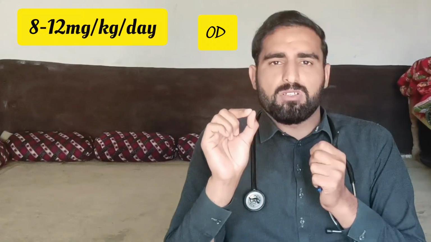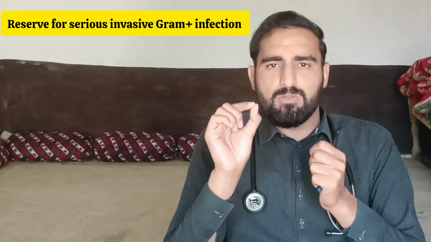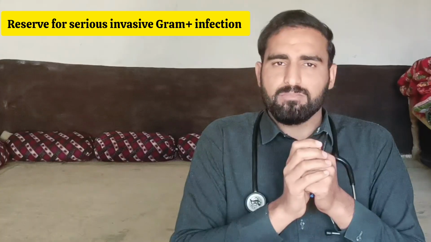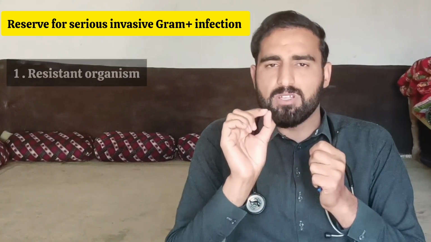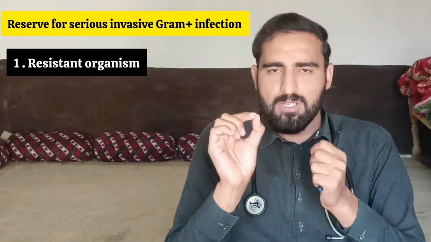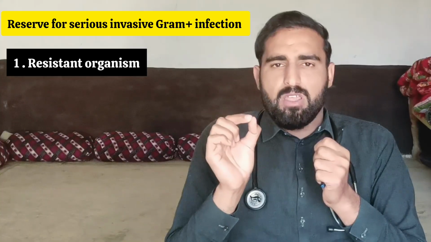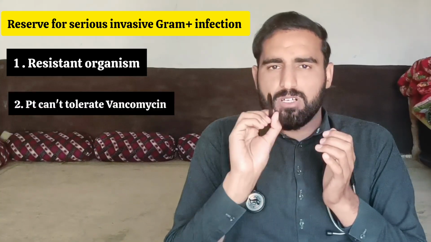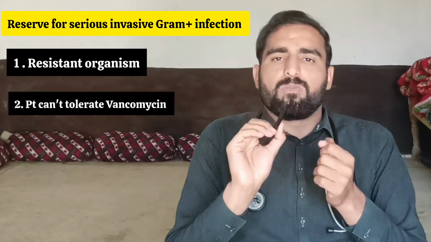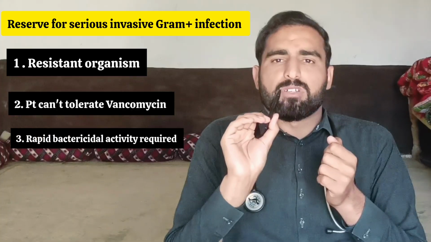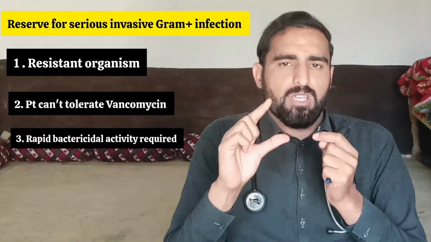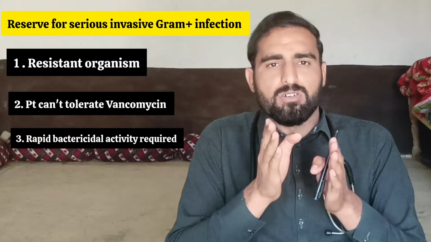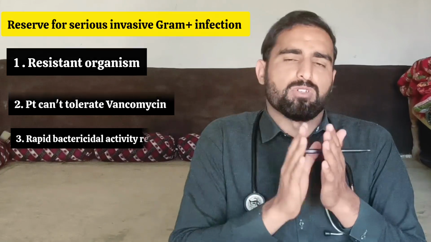Daptomycin is reserved for serious invasive gram-positive infection, especially when the organism is resistant to other drugs like vancomycin and linezolid, when the patient cannot tolerate vancomycin, and when a rapid bactericidal activity is required. So, in these three cases, daptomycin is the drug to use for gram-positive infection.